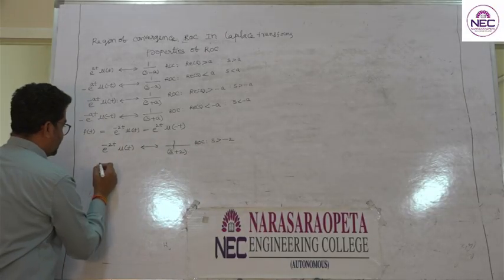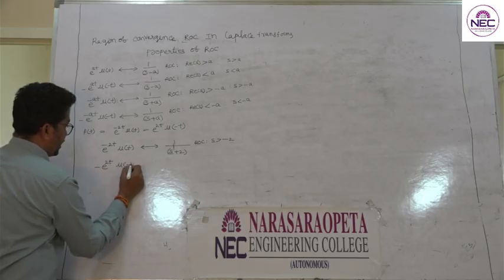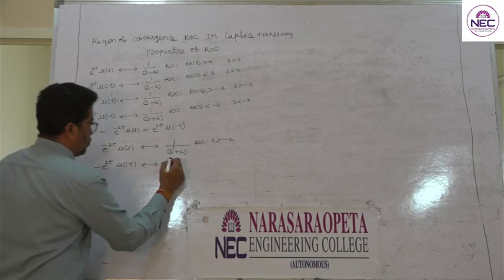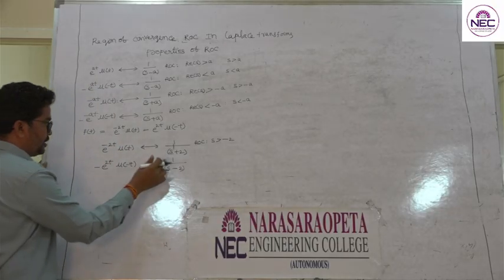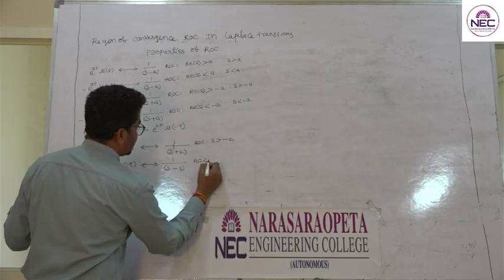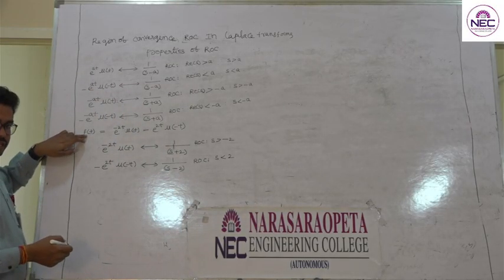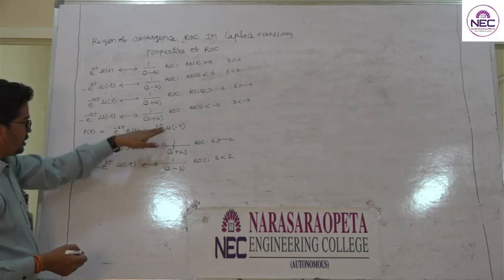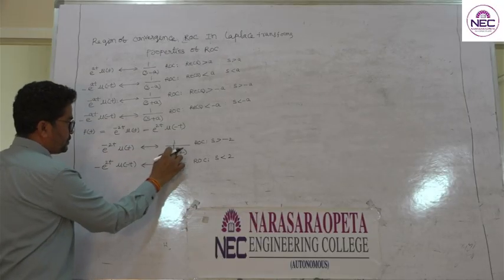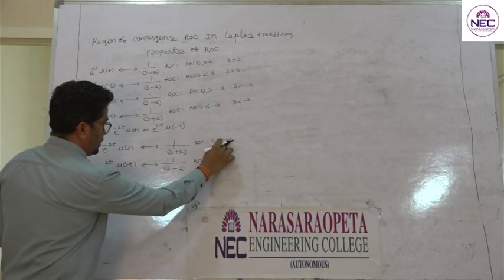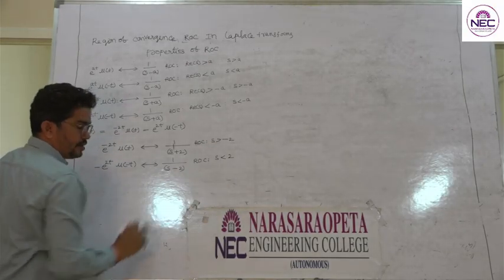Next, another signal, minus e power 2t u of minus t, transform value 1 by s minus 2, ROC s less than 2. Here f of t is a combination of one right side signal and another left side signal. For e power minus 2t u of t, 1 by s plus 2, ROC s greater than minus 2. Here right side signal, right side ROC; left side signal, left sided ROC.